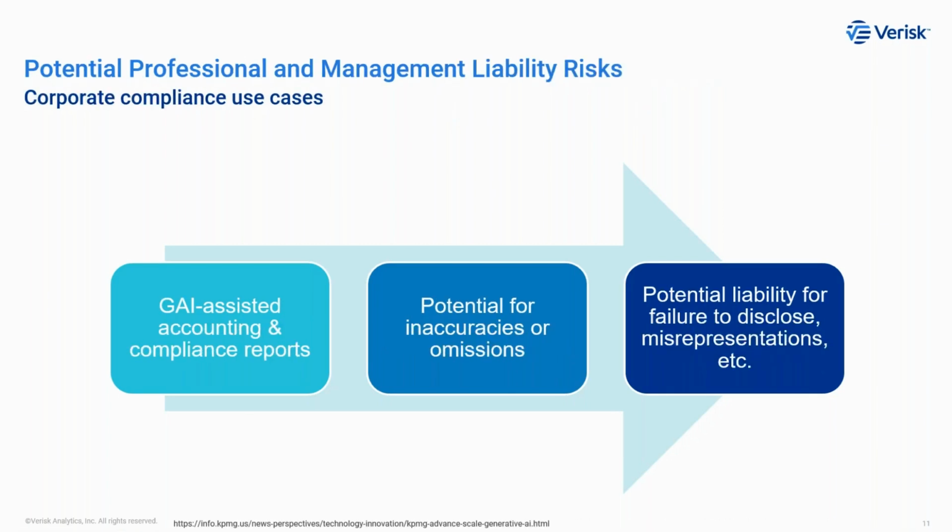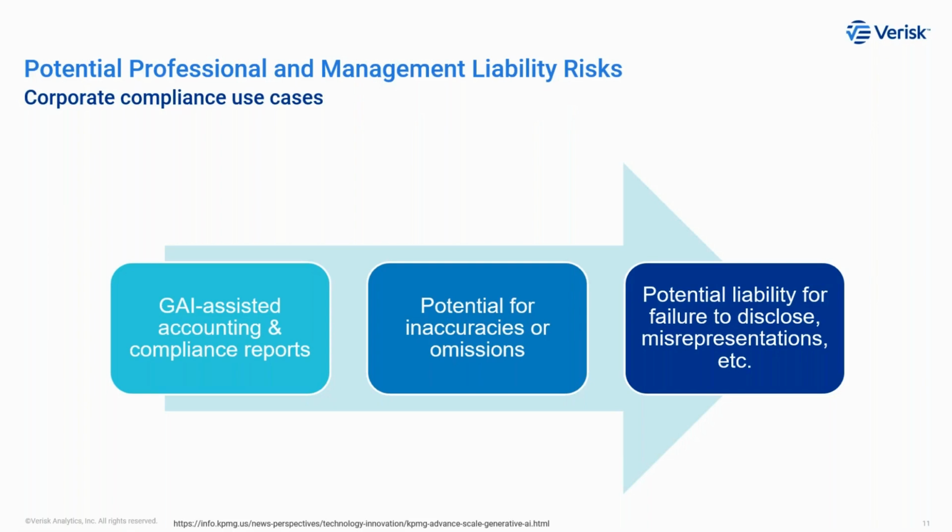There are also potential use cases for corporate compliance workloads for GAI tools, including forms required by regulators, financial reports to shareholders, or other communications that GAI could be used to make more efficient. In fact, at least one major auditing firm is already beginning to implement GAI tools on many of its teams, including both client-facing and internal support teams.